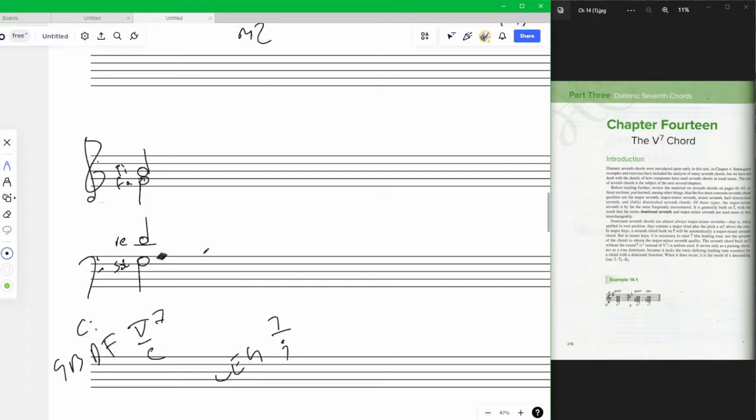Further inventory. This is the root. This is the fifth. This is the third, and this is the seventh, and this is the third. Okay. We're going to go to the 1 chord. This is going to go down to C or up to C. I'd rather take it down to C. Okay, so that takes care of that.